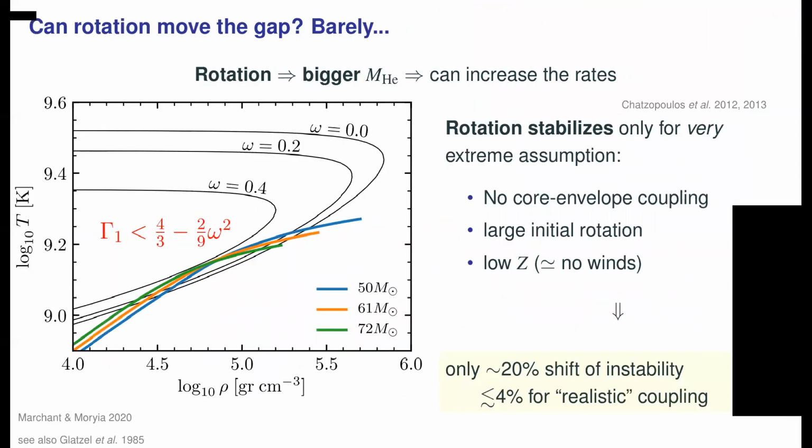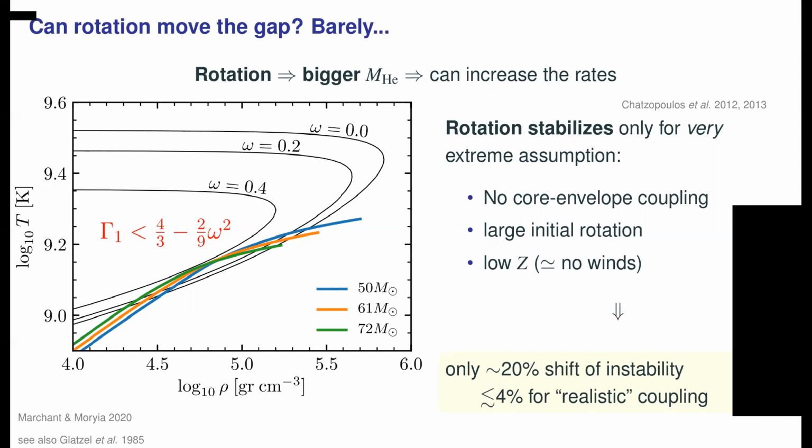So this is the temperature-density diagram. These contours show you the instability region, and it shrinks a bit if you make the model rotate very fast, but they only find a change of about 20%, assuming the most optimistic fast rotation of the core.